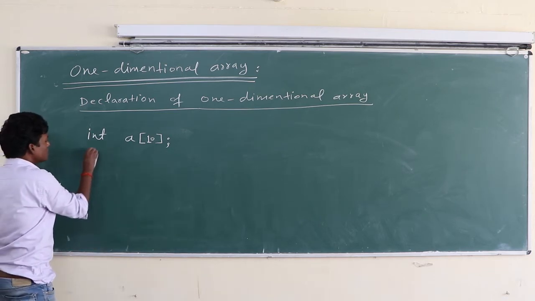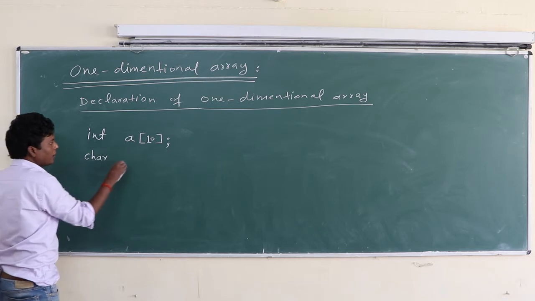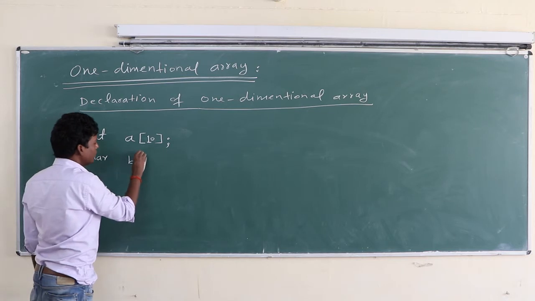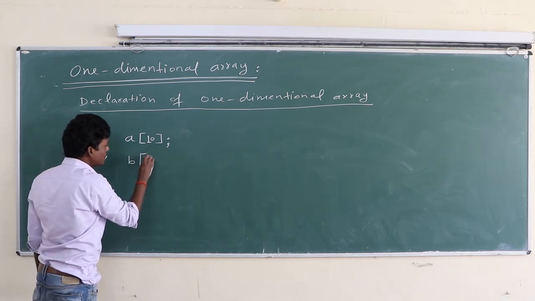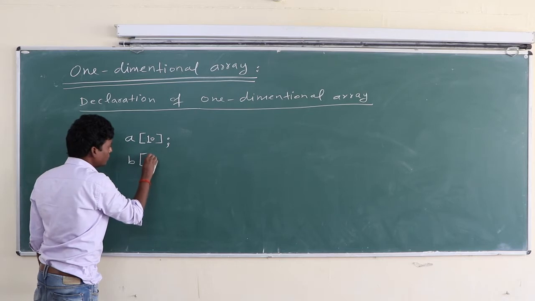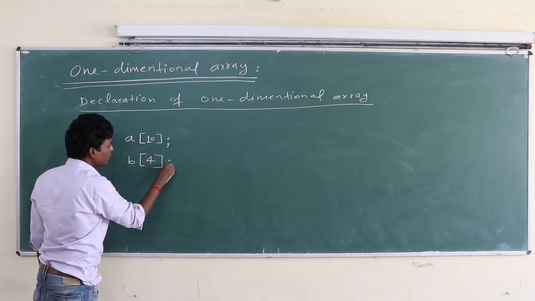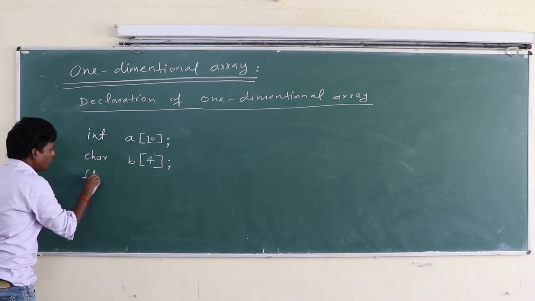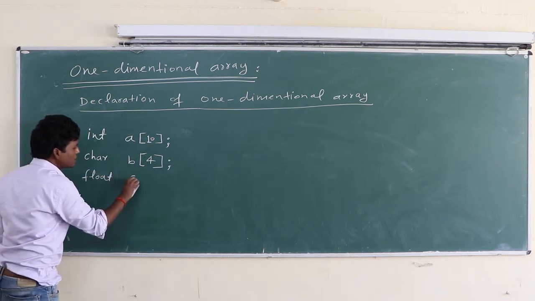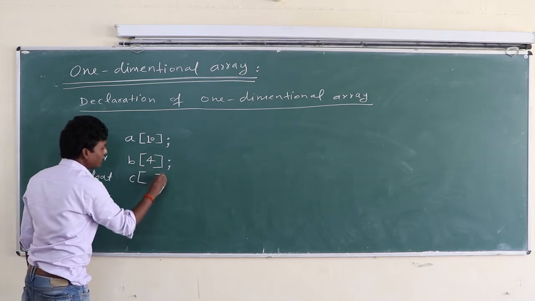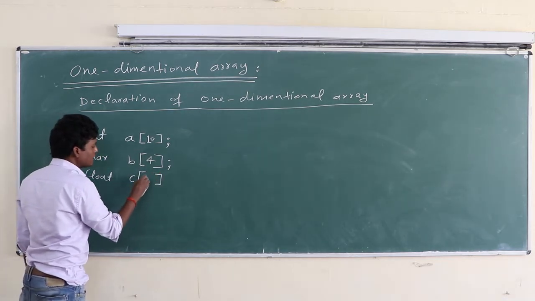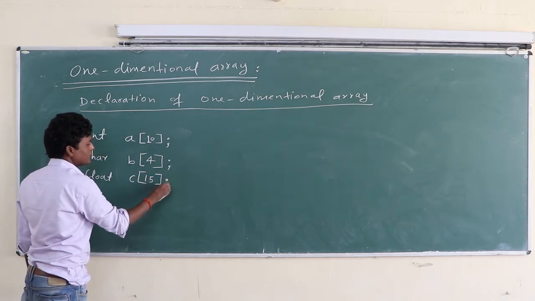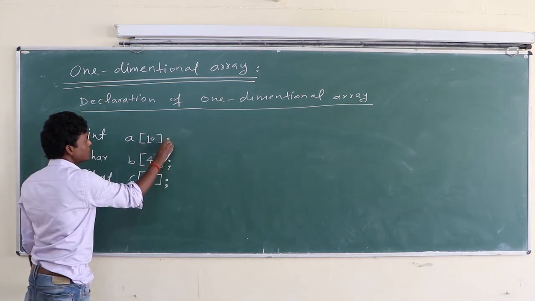Suppose data type is char and array name is B, square bracket, dimension is suppose 4. This is also a declaration of array. Suppose data type is float, array name is C, and size is 15, semicolon.